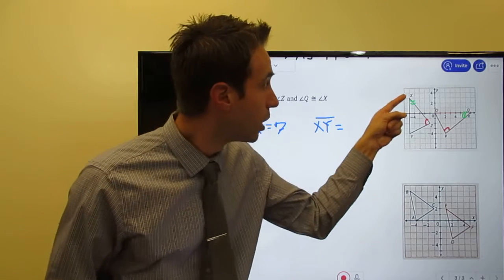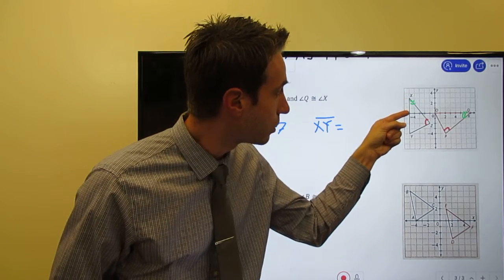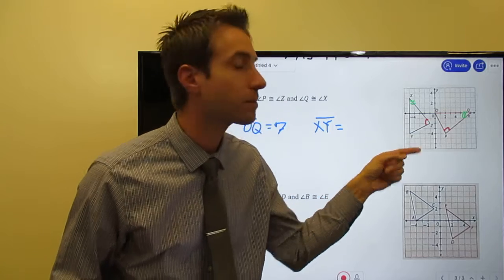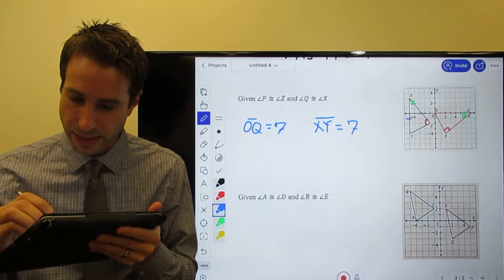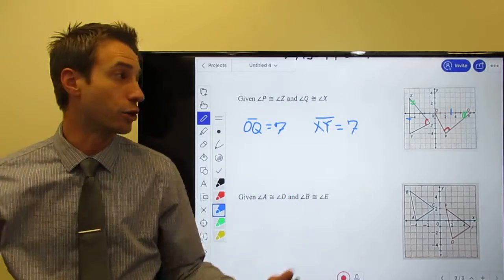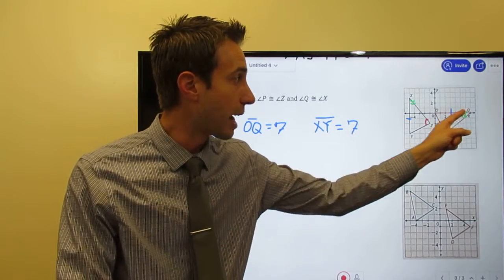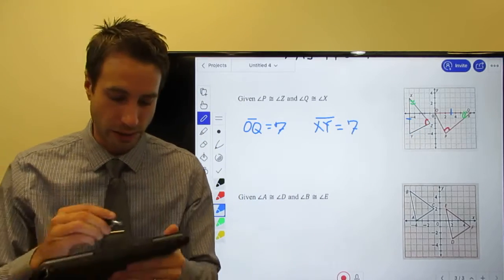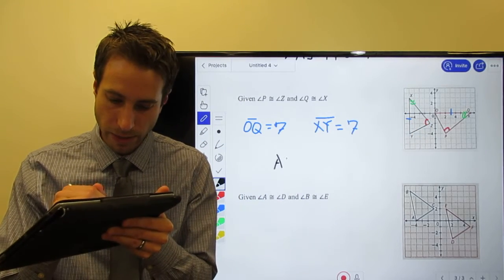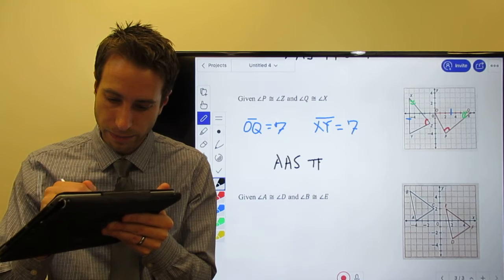What's it equal to? Well, we counted out 1, 2, 3, 4, 5, 6. Yeah, it's 7. So I know that that side is congruent to that side. Good enough. Angle, angle, side. The angle, angle, side theorem works.